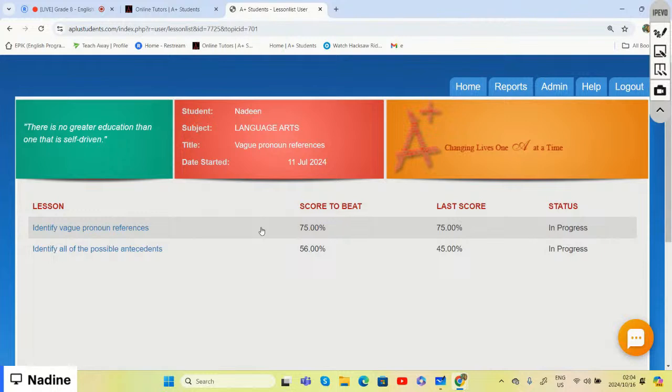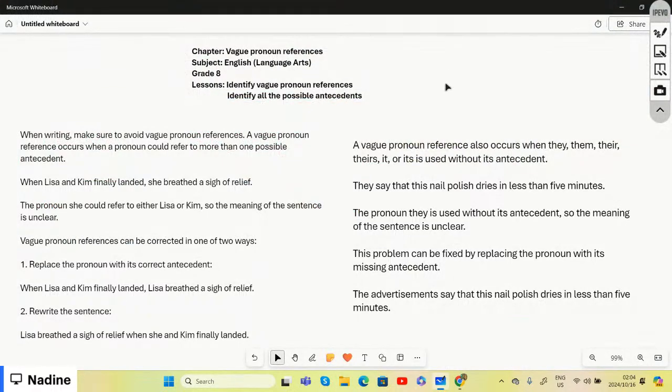All right. So our chapter is vague pronoun references. Our subject is English language arts.